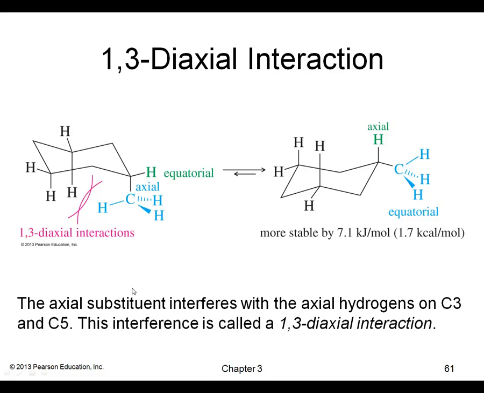Okay, so between these two, this would be a much more stable conformation by 1.7 kilocals per mole, because the CH3 is in the equatorial position, and so alleviates what's called the 1,3 diaxial strain.